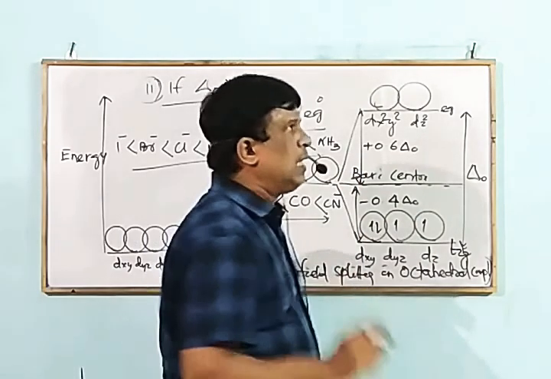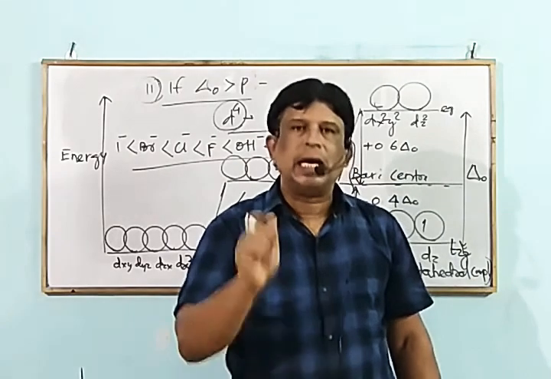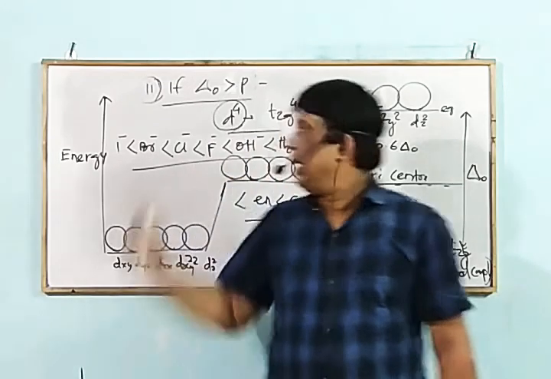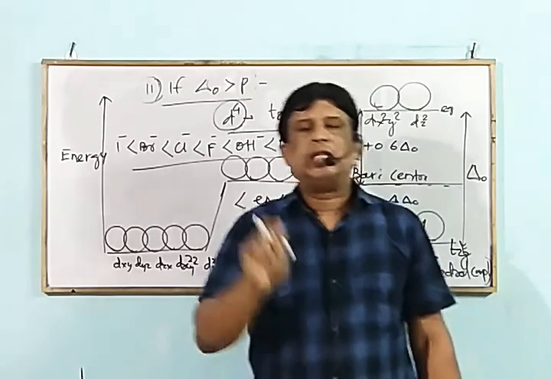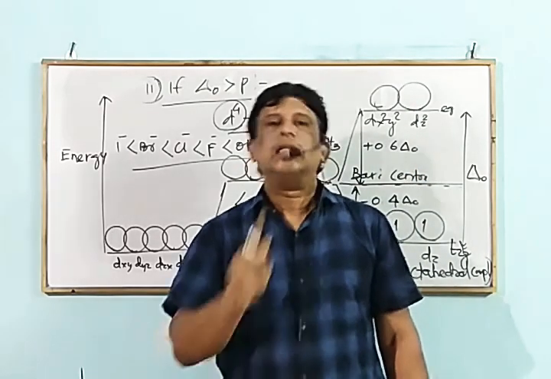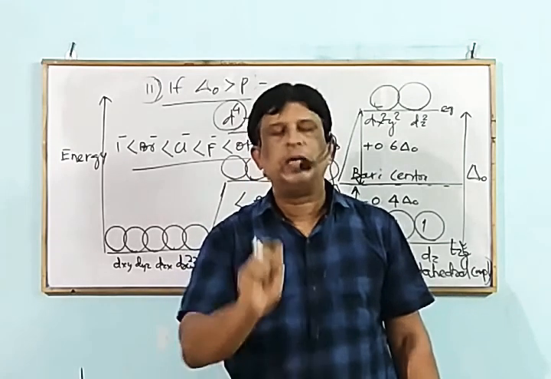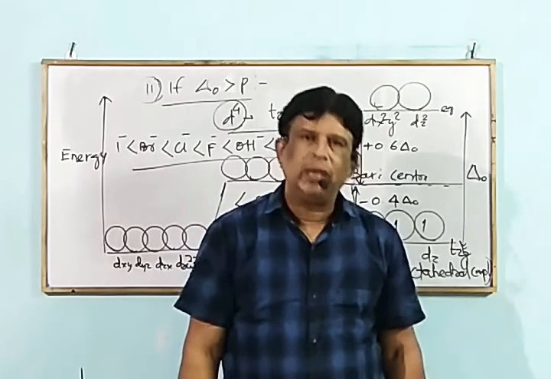It indicates that pairing takes place. That means it is happening in the case of a strong field ligand. So it is clear that when ΔO is greater than the pairing energy, there is the presence of a strong field ligand, resulting in the formation of an inner orbital complex, a low spin complex, and the maximum chance is that a diamagnetic complex is formed.